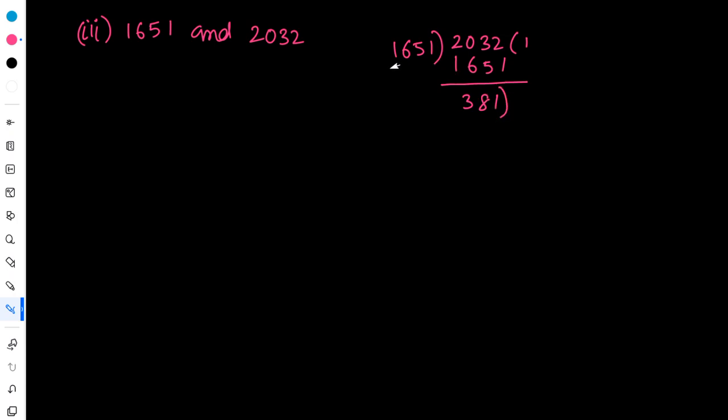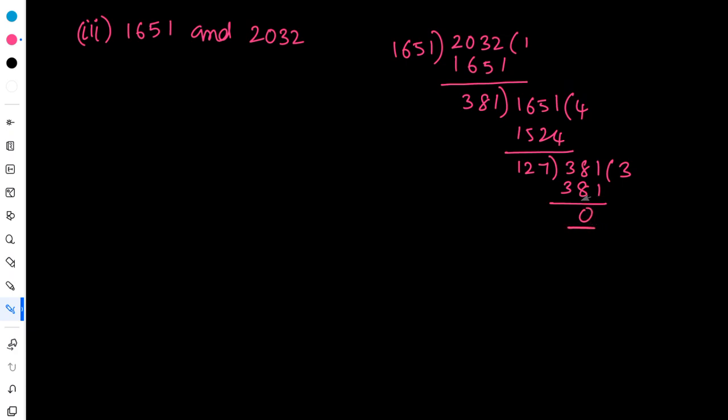Now divide 1651 by 381. 381 fours are 1524. The remainder is 127. Now divide 381 by 127. 127 threes are 381. Remainder is 0. Now stop this process.